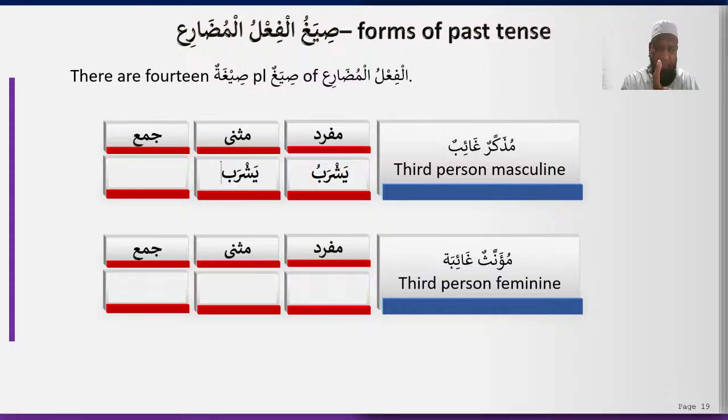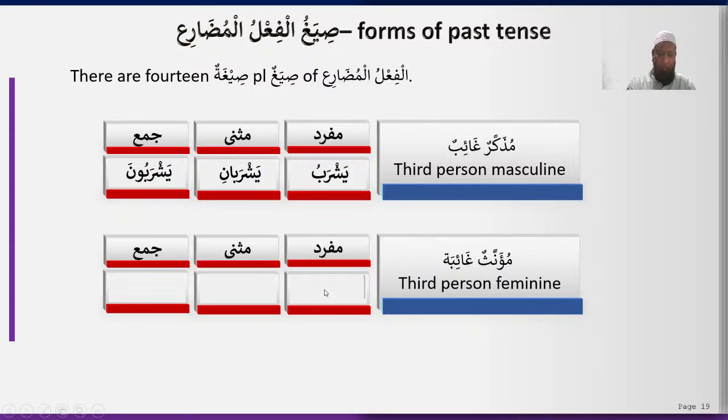I need alif for the مثنى and the noon to show it is مرفوع case. يشربان. For جمع يشربوا. I need the واو الجماعة, and واو الجماعة demands dhamma before it, and the noon with the fatha to show it is in marfu case. يشربون.